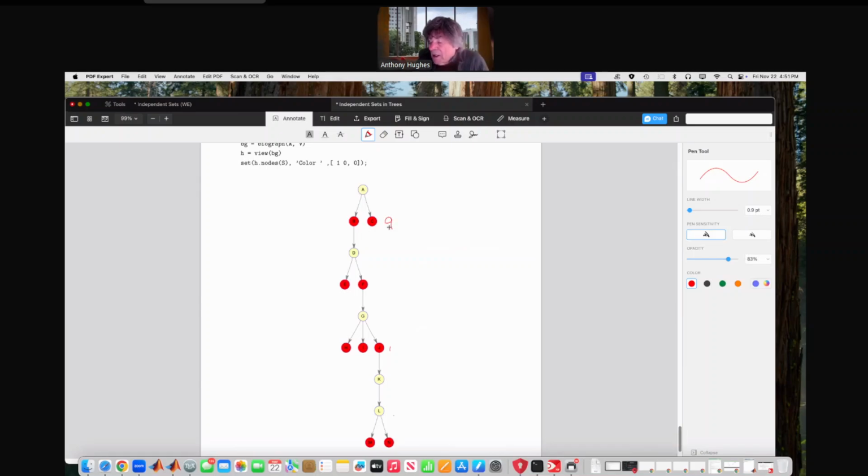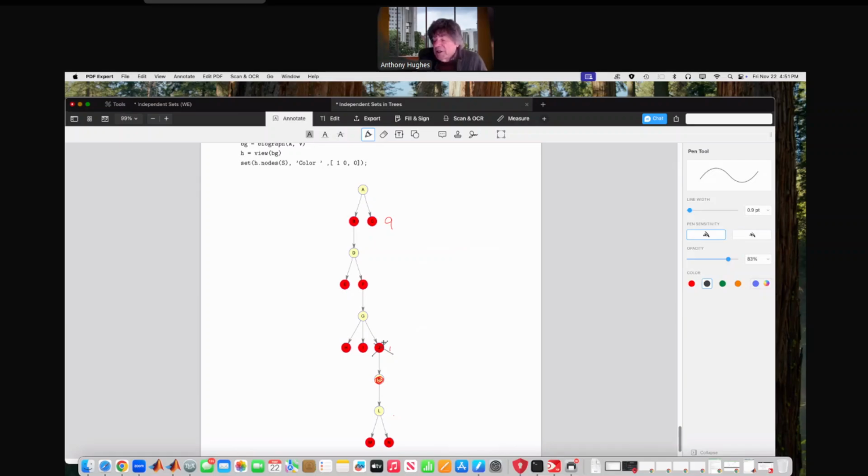Okay. And you say, okay, what if I did color J? Well, if I did color J, I would have to get rid of this one because I can't have two together. So I would have to get rid of J. So I introduced K, but I needed to get rid of J. So that's introduced 1, dropped 1.